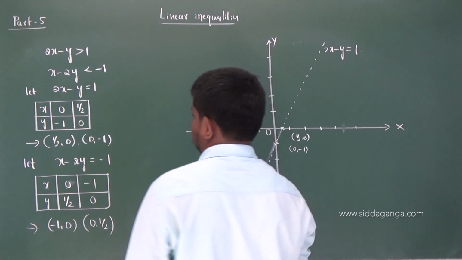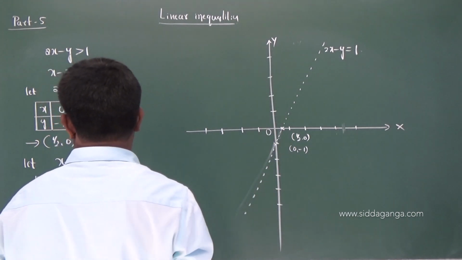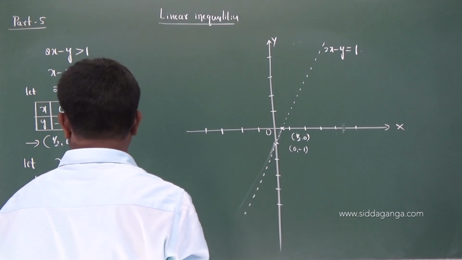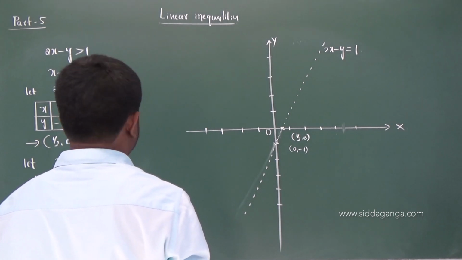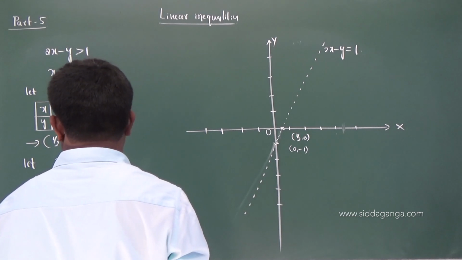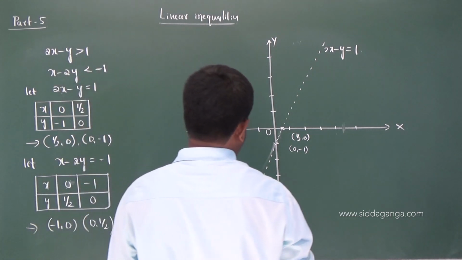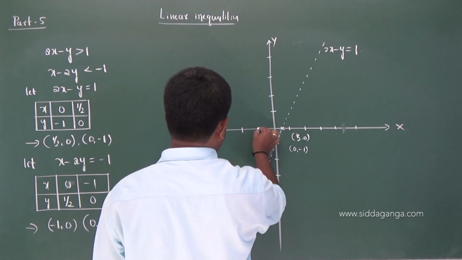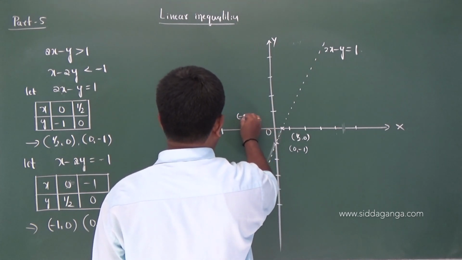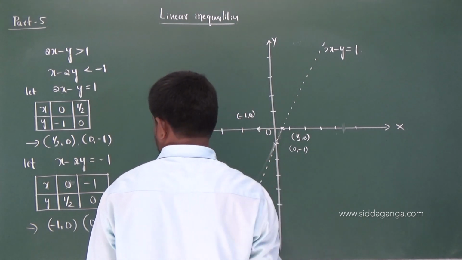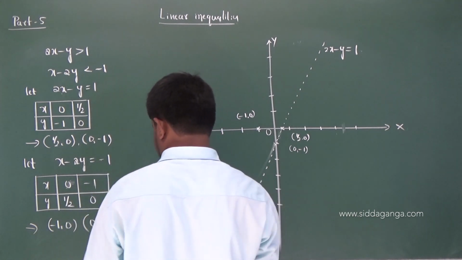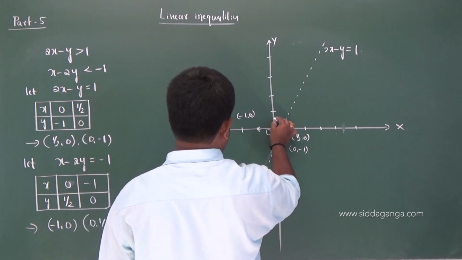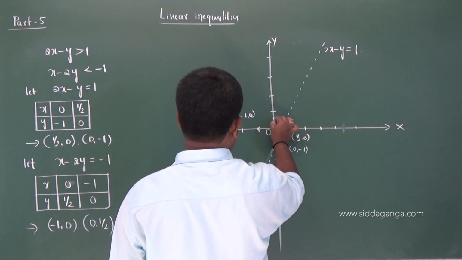Next line is x minus 2y. It passes through minus 1 comma 0, this is the point minus 1 comma 0, and 0 comma 1 by 2, this one.